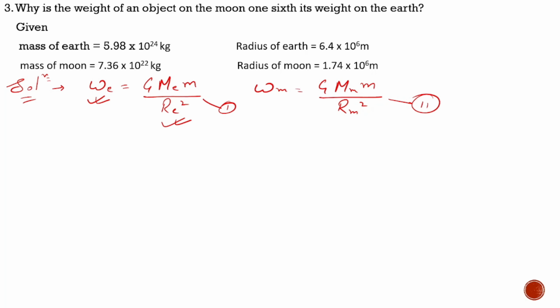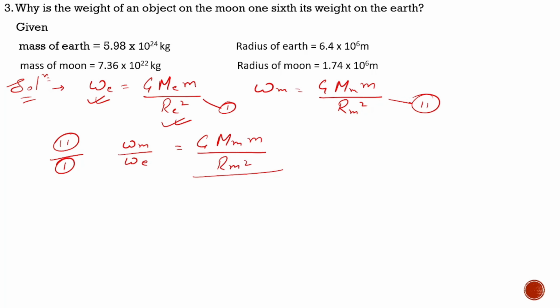So dividing the second equation by the first equation, we have weight of the object on moon by weight of the object on earth equals G M_m into mass of object by R_m square, divided by G mass of earth into mass of object by radius of earth whole square.